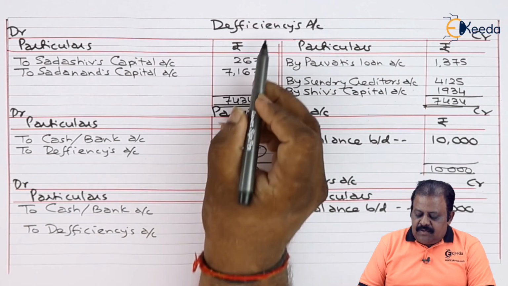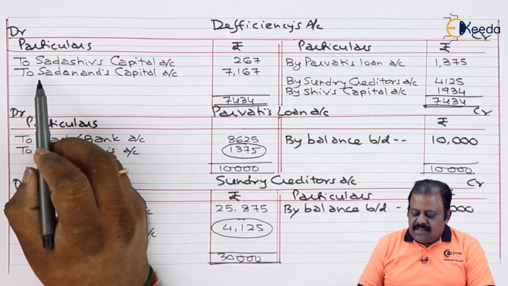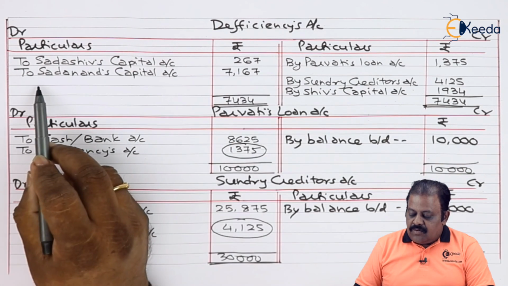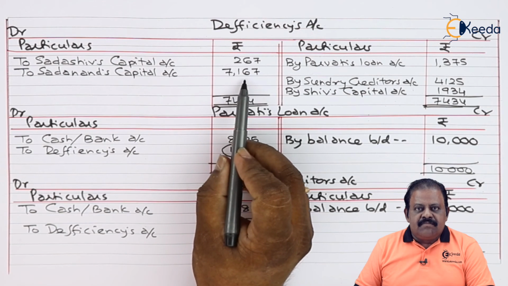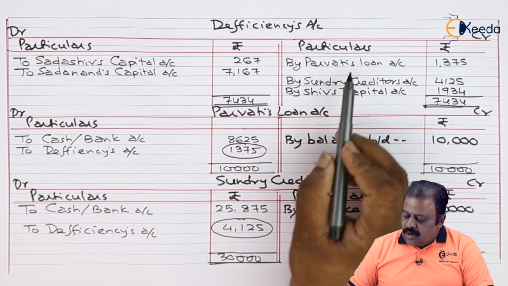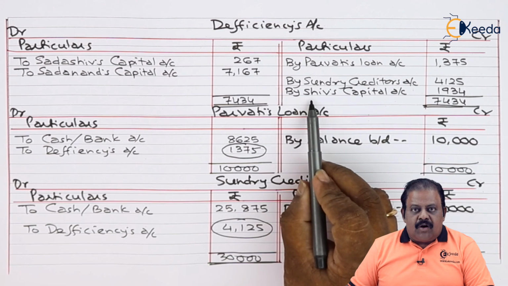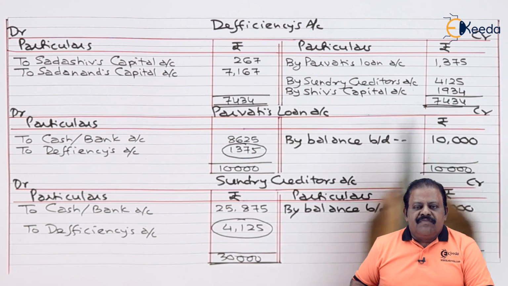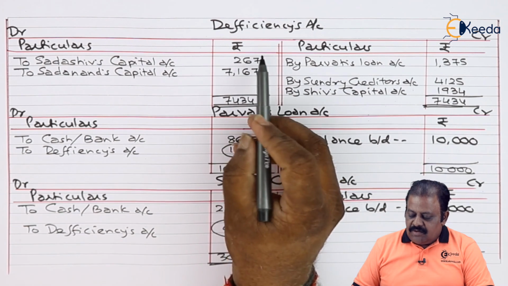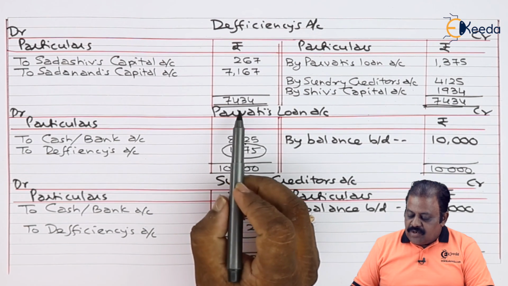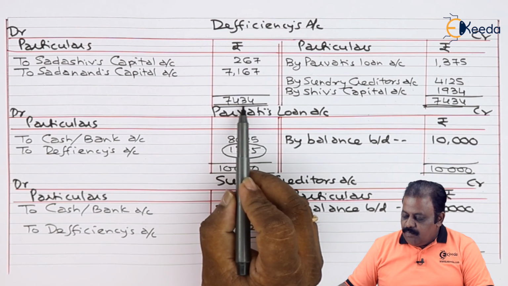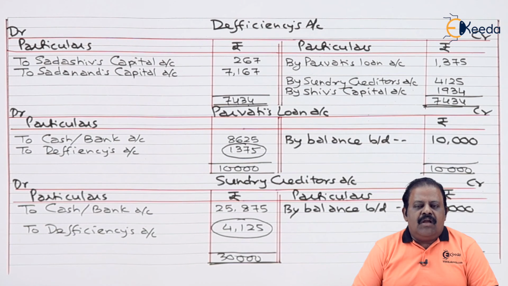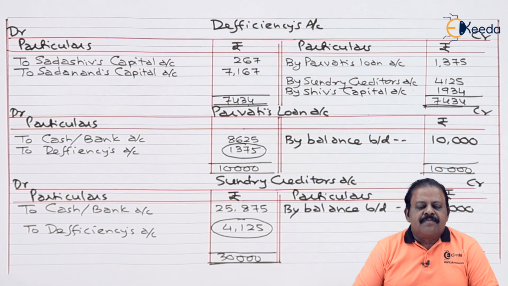Deficiencies account debit side, we have transferred balance of Sadashiv's capital account 267, Sadanand's capital account 7,167. To the credit of deficiencies account, we have transferred Shiv's capital account balance 1,934. Finally, deficiencies account is closed. We are getting a total of 7,434 on both sides. Deficiencies account is tallied. It means we have done all accounting procedure correctly.